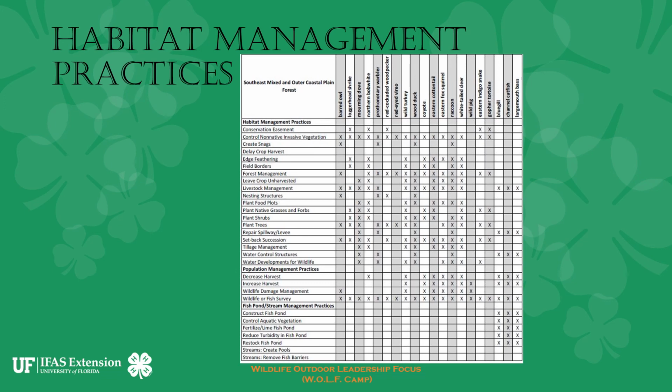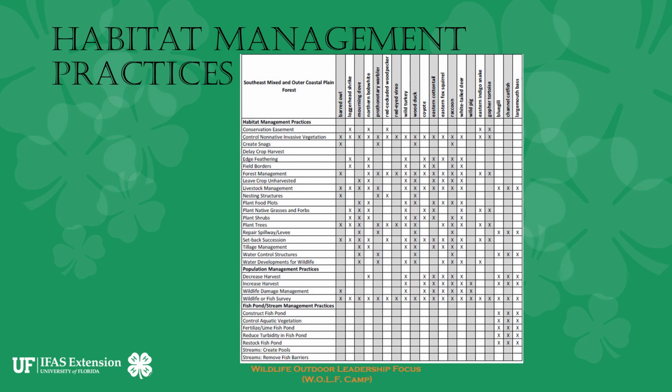So, for example, if we give you white-tailed deer, and it is in an open field with no hardwoods whatsoever, you would probably need to plant some native grasses and forbs, plant some trees, and plant some shrubs.